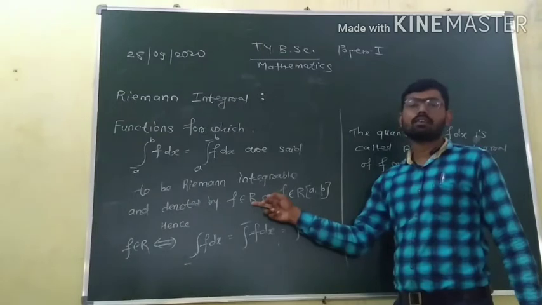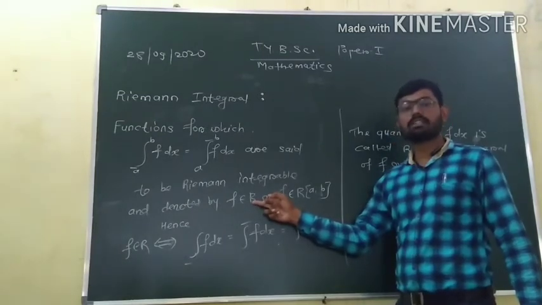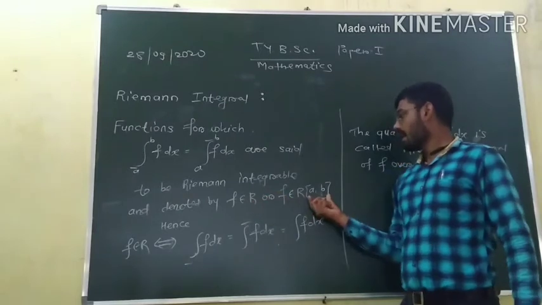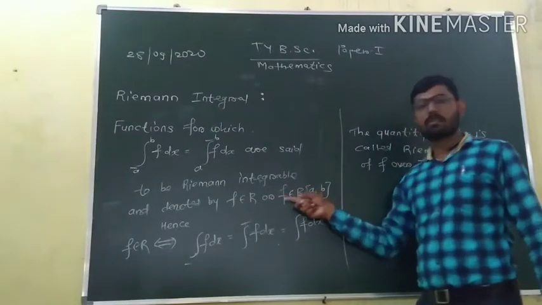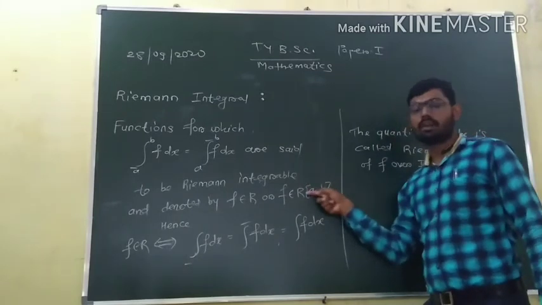Here R is not a notation for real numbers. Here R means the function is Riemann integrable, and R[a,b] means the function is Riemann integrable over the interval a to b, a closed and bounded interval a to b.